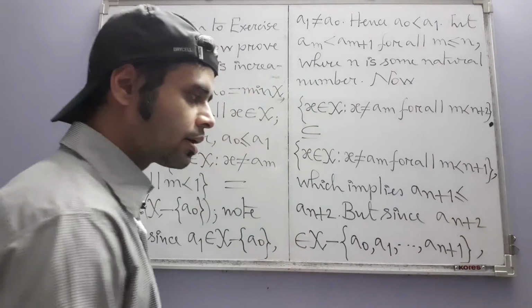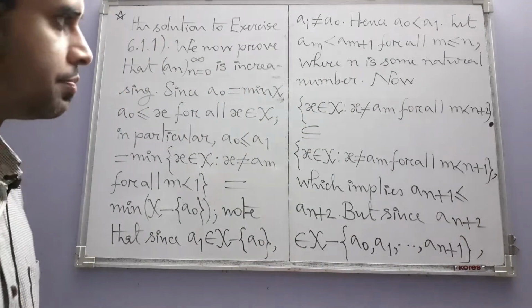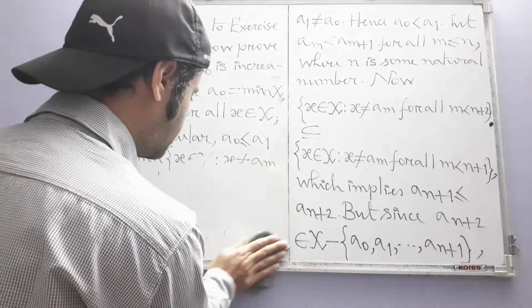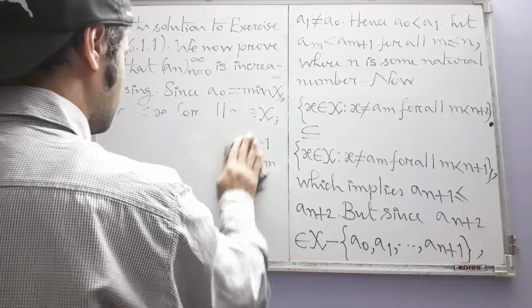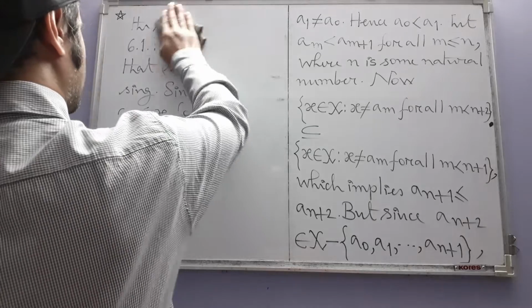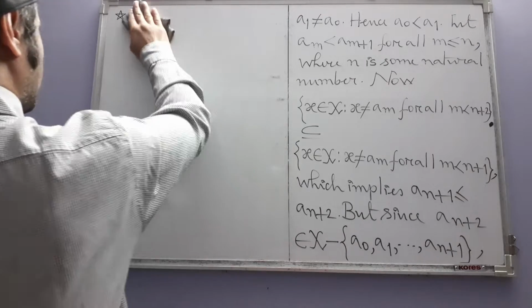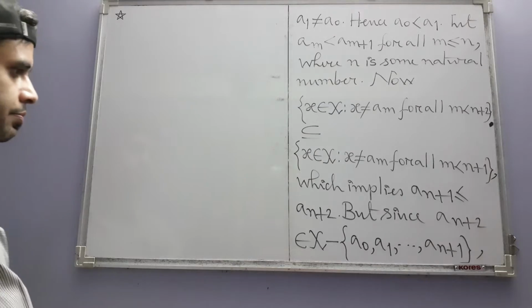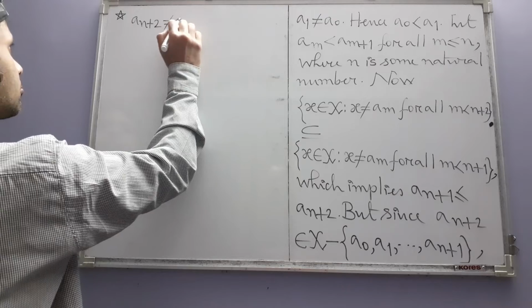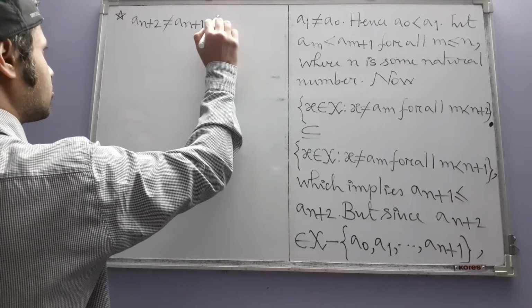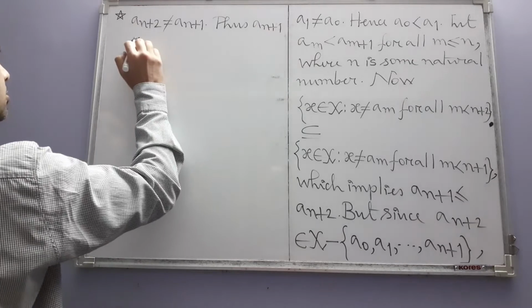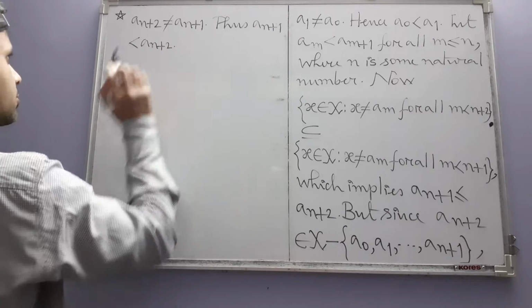So a_{n+2} cannot be equal to a_{n+1}. That's why that inequality will be strict. Thus, a_{n+1} is strictly less than a_{n+2}.